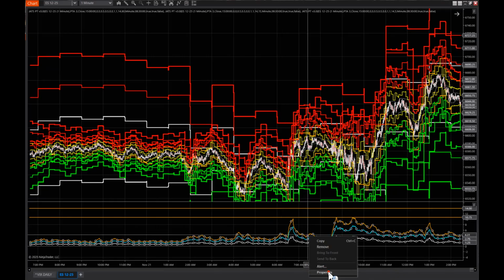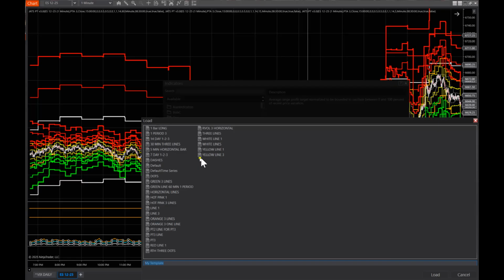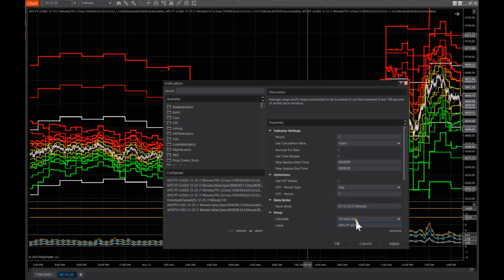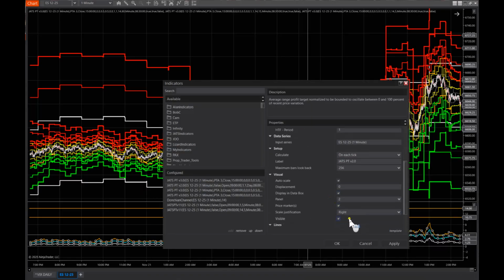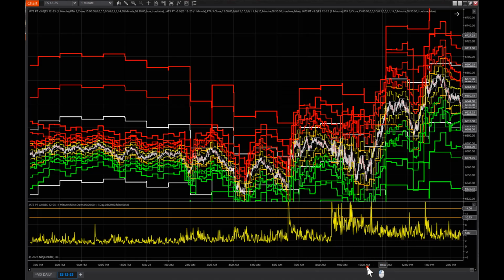So if I change this to a yellow, 1 period, there we go. This is what I wanted to see.